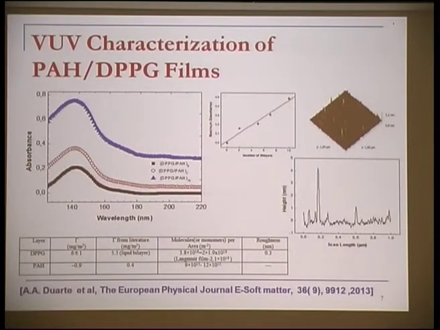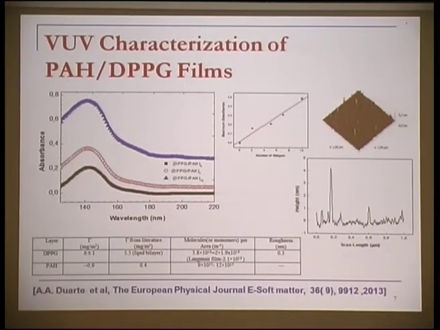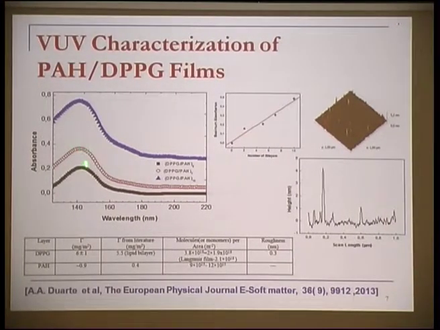We prepare these layer-by-layer films and measure the ultraviolet spectra of these films, and measuring the maxima of the absorbance peak, we can see that these films grow linearly with the number of bilayers.